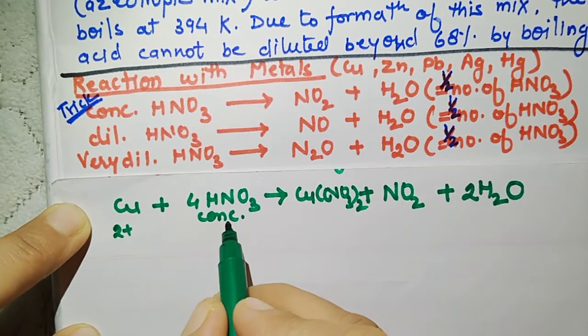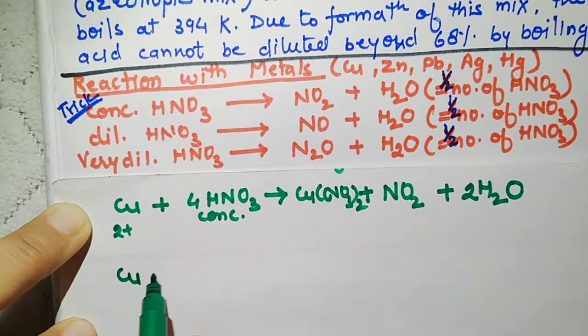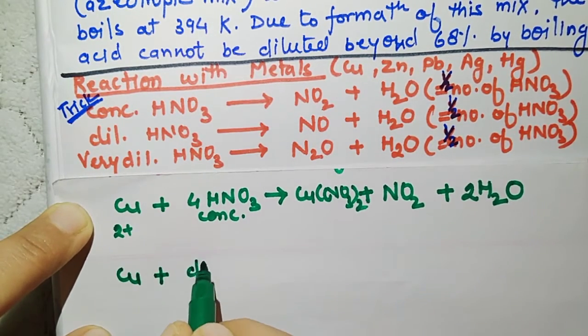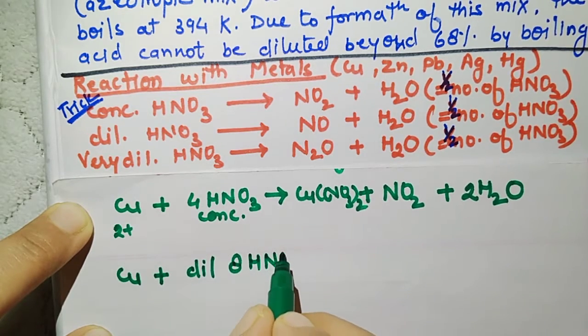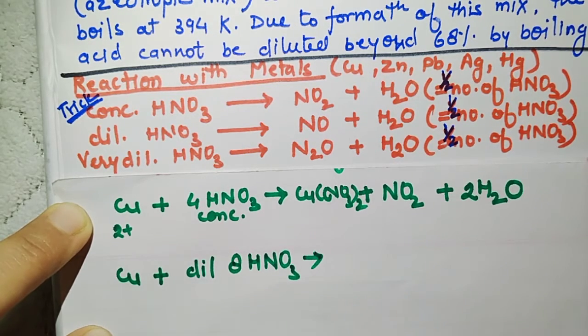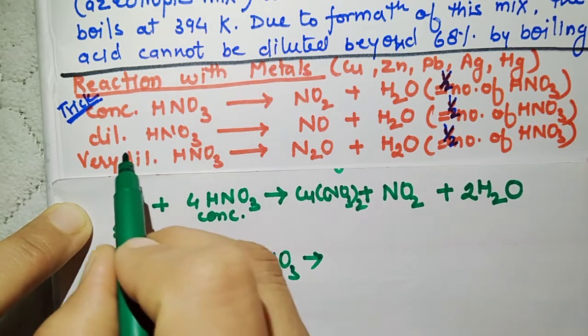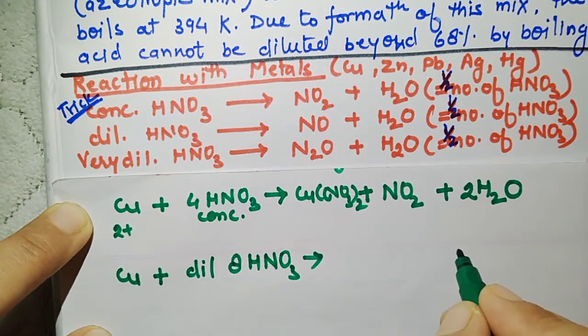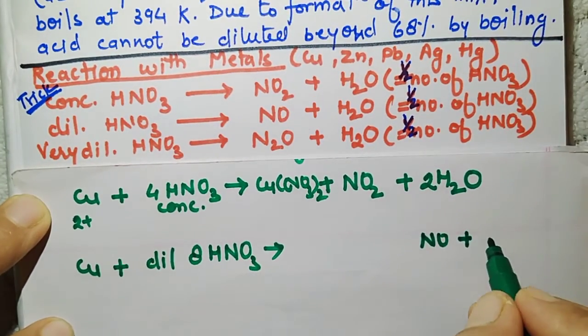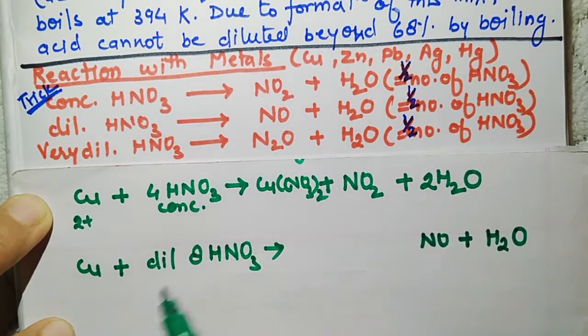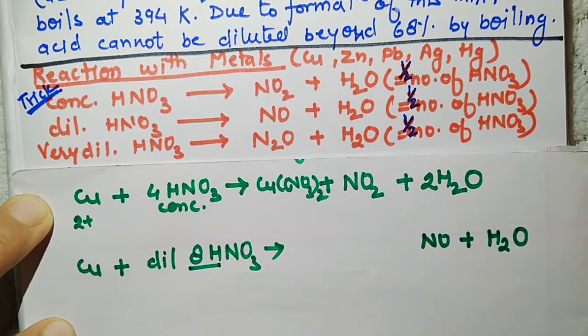Now we are reacting copper with dilute HNO3. Now what it will give you? See, dilute HNO3 gives NO plus H2O. How much H2O? 8 HNO3.